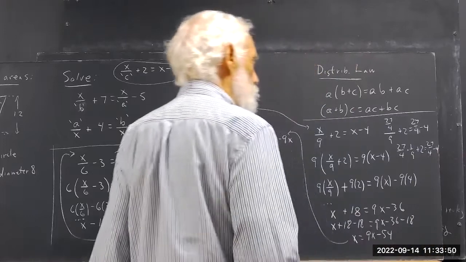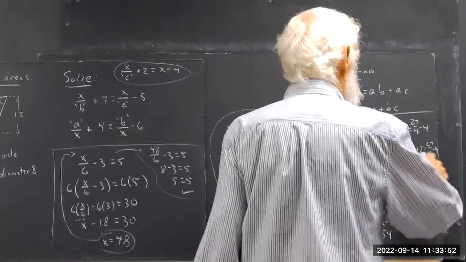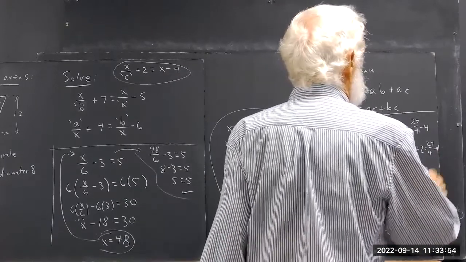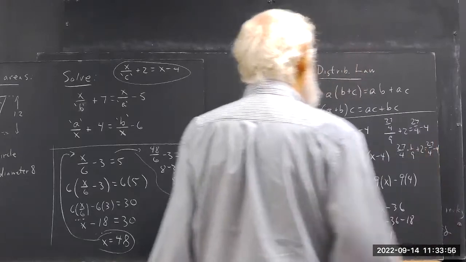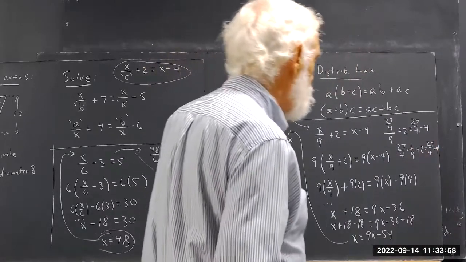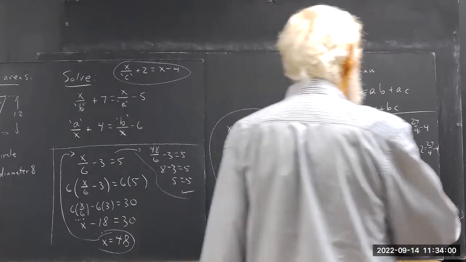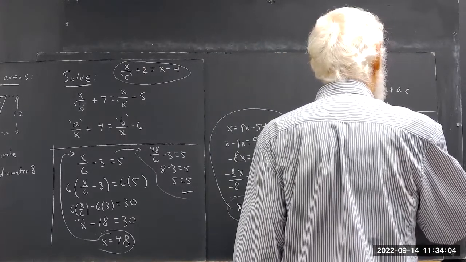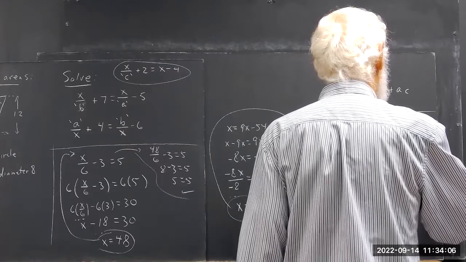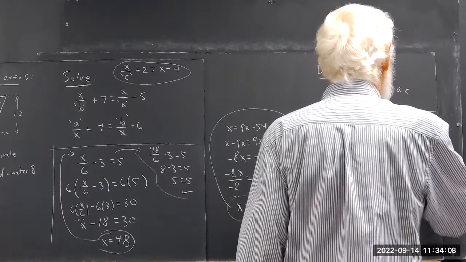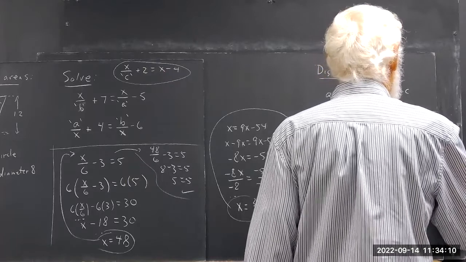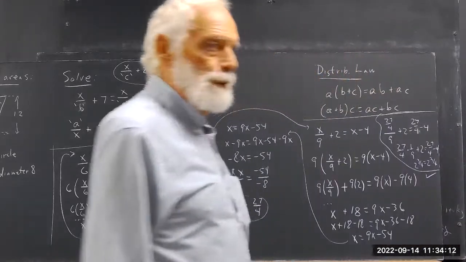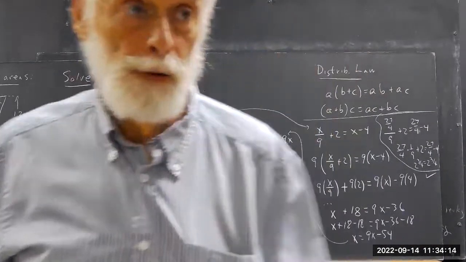And you can do the fraction. This gives you 3/4 plus 2. And this gives you 6 and 3/4 minus 4. You get 2 and 3/4 on each side. And it checks. Got a little work to do with fractions there.